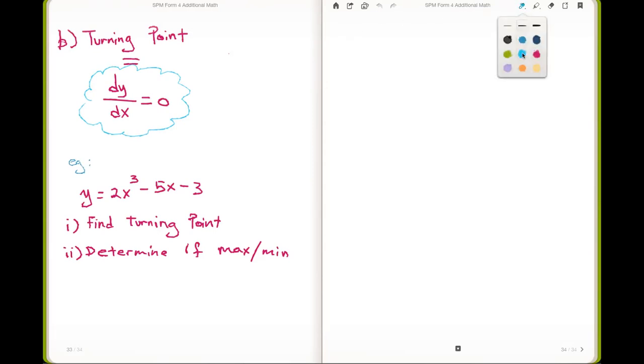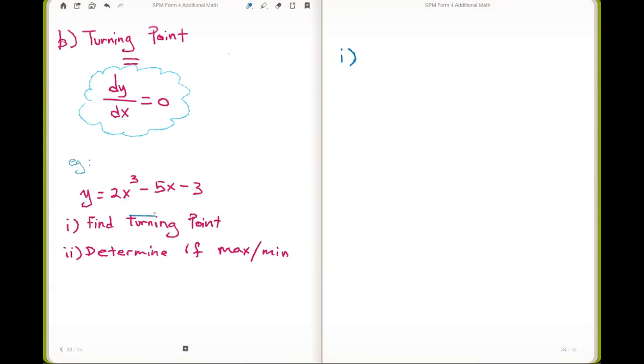You are given so little information, how are you going to get it? So the strategy to find the turning point: you differentiate this equation, equate to 0, then you get your x. Once you get your x, you substitute back into the equation, you get your y. And that's how I'm going to get my turning point.